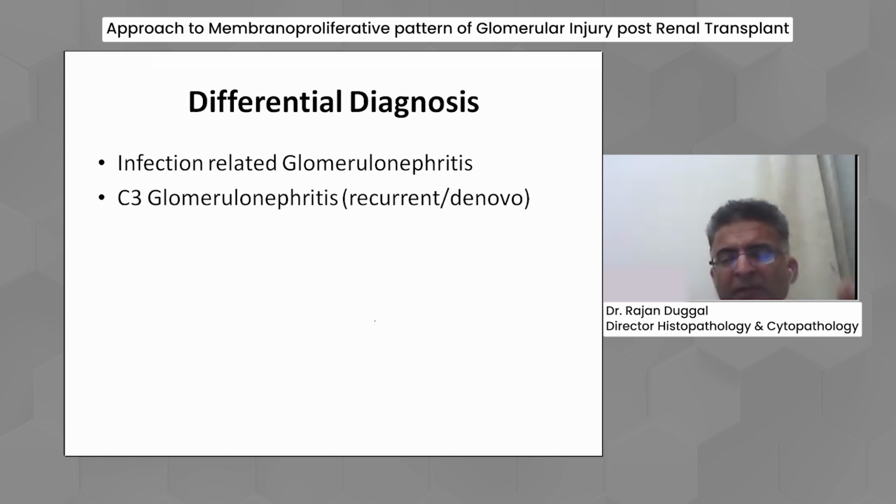Okay, so previously, like in 2012, this was an old case. We used to label them as post-infectious glomerulonephritis, but actually now we know that we hardly label them as post-infectious. We always say it is an infection-related GN. Okay, but morphology is like a diffuse proliferative glomerulonephritis with only C3 deposits and electron microscopy showing the subepithelial hump. So all these findings are pretty consistent with the infection-related GN.